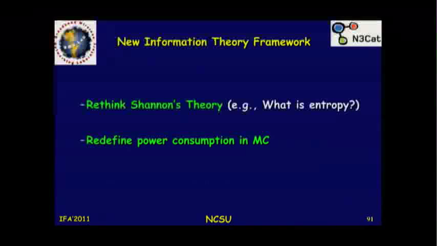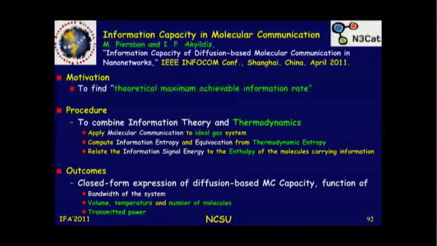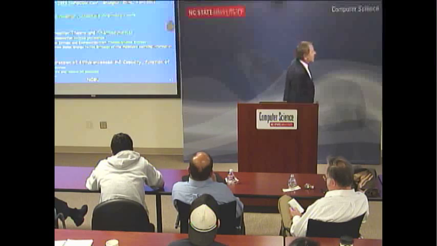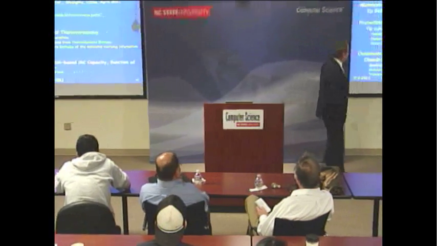So now the question here was also, how can we rethink Shannon's theory? So what is the entropy in this domain? And then also, can we redefine the power consumption? So we have this paper that I will present in Infocom in Shanghai. We wanted to somehow revisit Shannon's theory and try to find out the theoretical maximum achievable information rate when we use molecular communication.